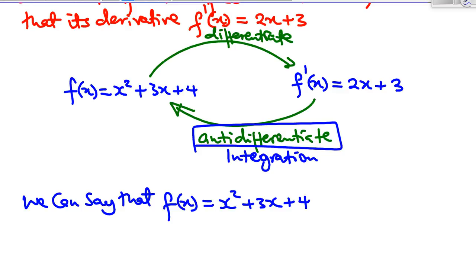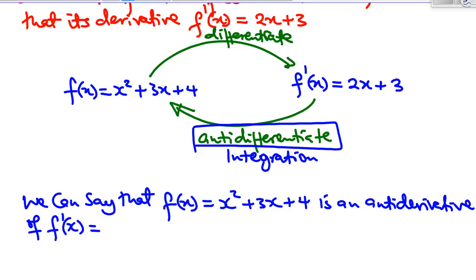So f of x is an antiderivative of f dash x, which is 2x plus 3. So simply we can say that f of x is an antiderivative of f dash x.